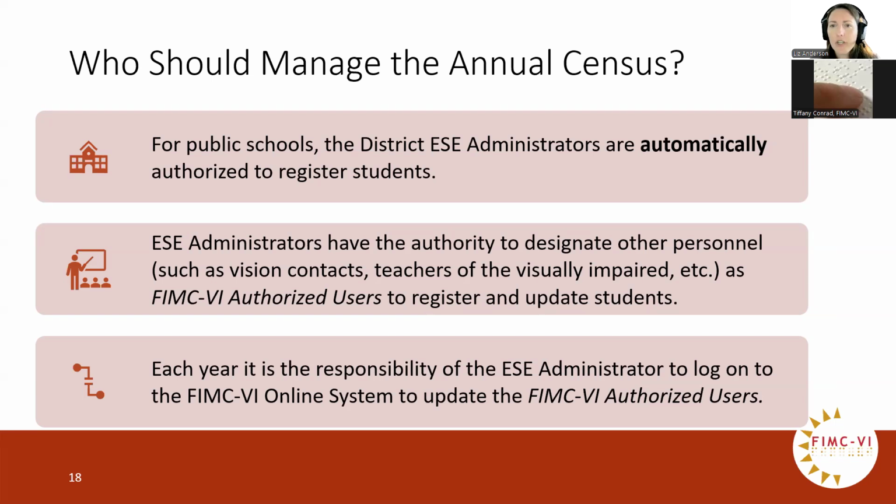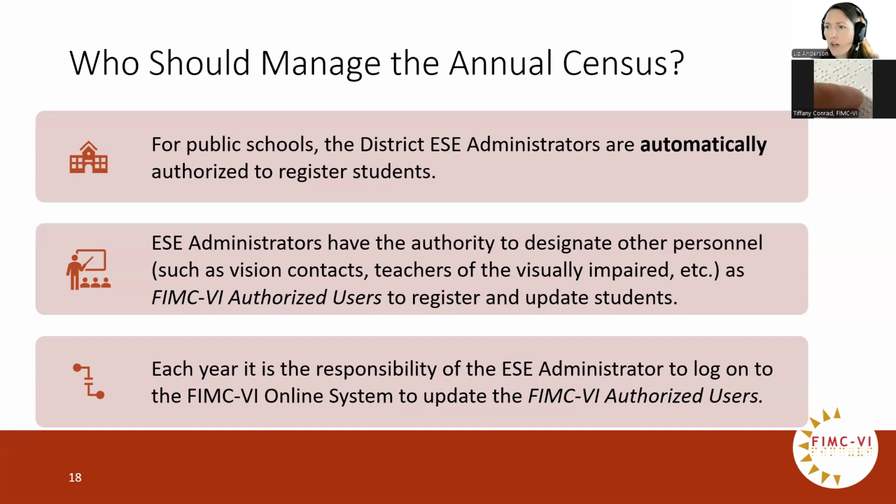So ESE administrators have the authority to designate other personnel, such as our vision contacts and teachers of students with visual impairments, as the FIMC-VI authorized users to go in and register and update students. And it is the responsibility of that individual each year to log on to our system and update that list of authorized users.